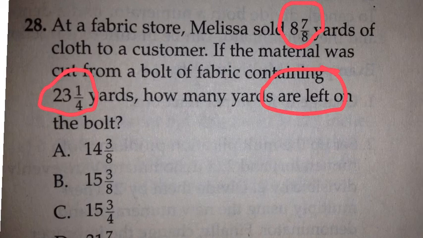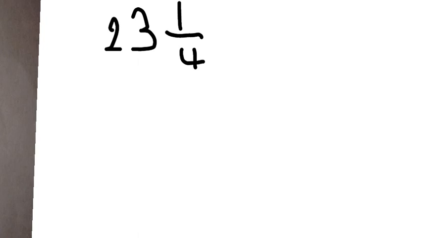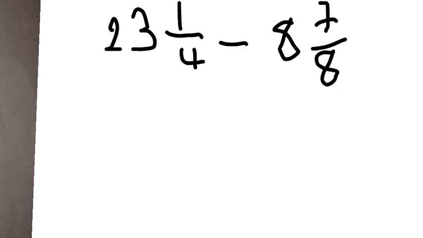All right, so first we want to write our mixed number. So it's 23 1/4, and we're gonna subtract 8 7/8 from that. Now you notice they're both mixed numbers, so I need to change them both to improper.